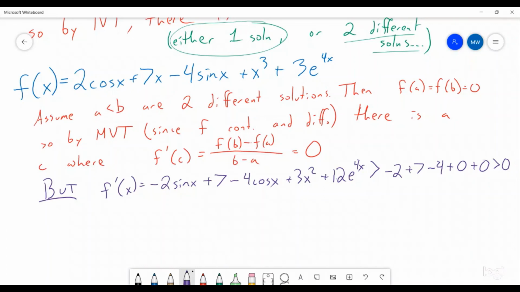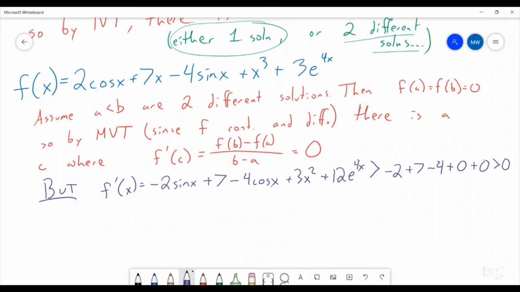Because negative 2 sine x is between negative 2 and 2, so the smallest that can be is negative 2. 7 is just always 7. But then the 4 cosine x is always between negative 4 and 4, so the smallest that could be is minus 4. 3x squared is always bigger than or equal to 0.